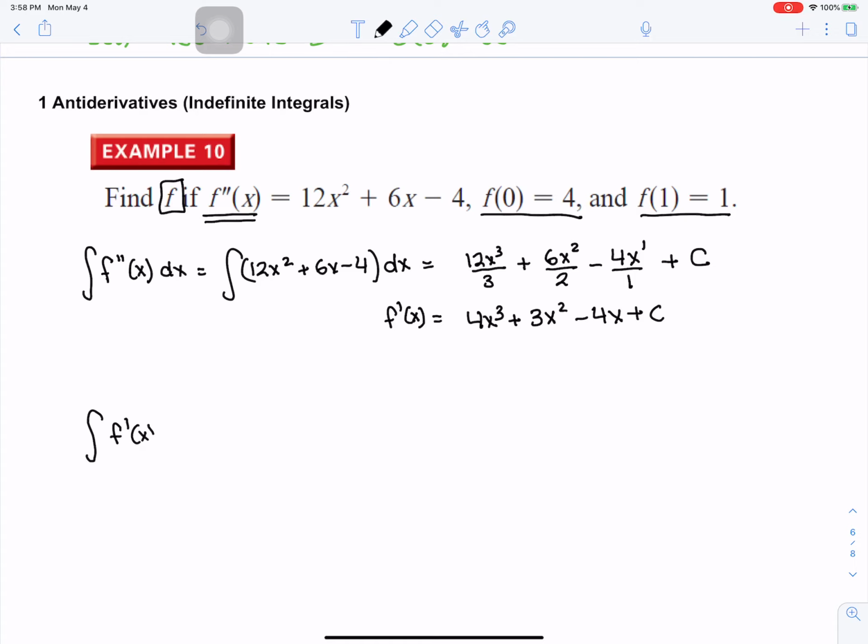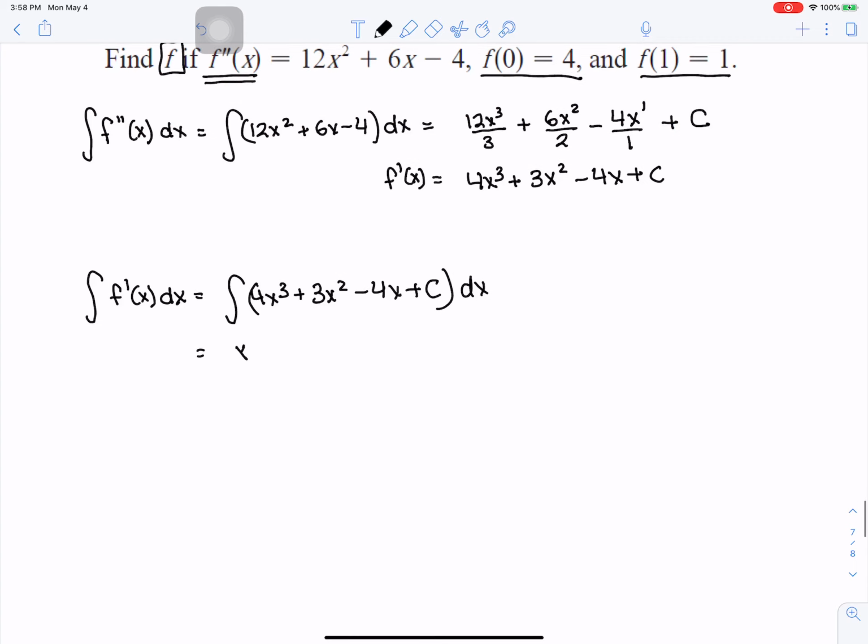So the antiderivative of f prime of x dx will be the antiderivative of 4x cubed plus 3x squared minus 4x plus c with respect to x. So it's all power rule: add 1 to the exponent, divide by that same number. That 4 in front gets carried along for the ride.